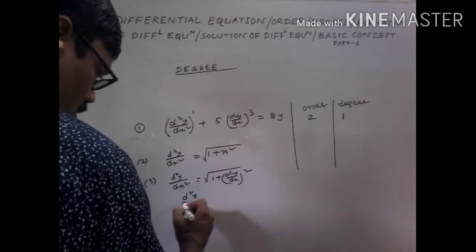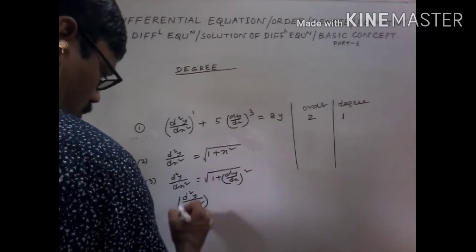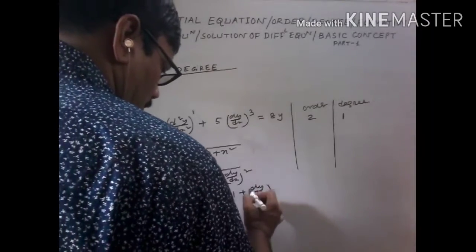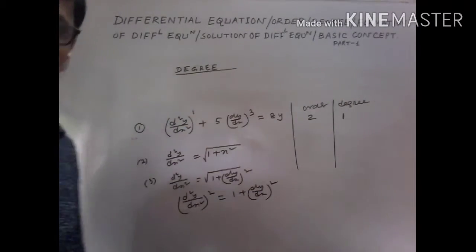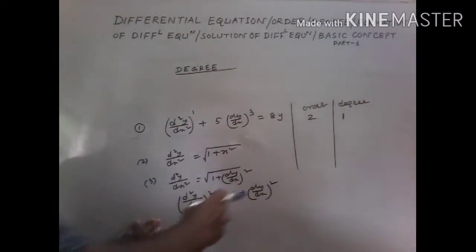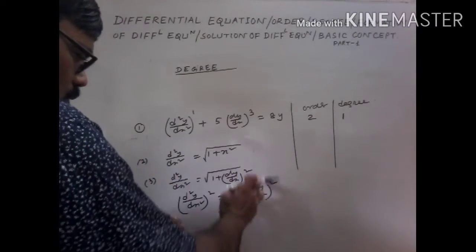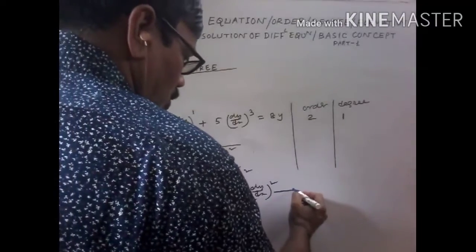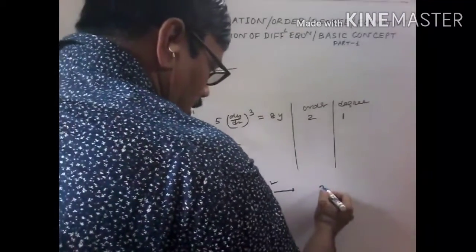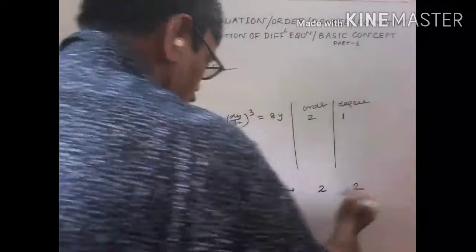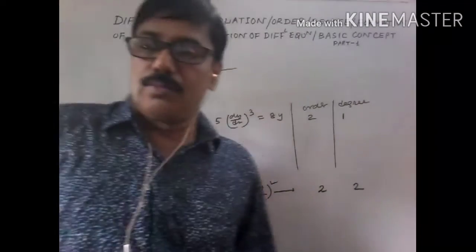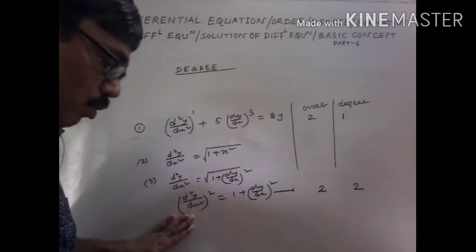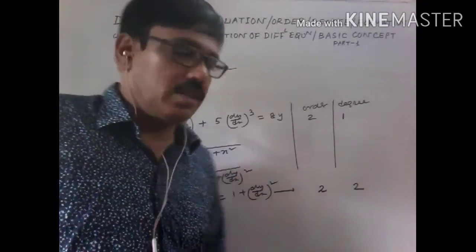So to remove it, you have to take the square on both sides: 1 plus dy dx whole square. Look, the derivative is now free from the root sign. So the maximum derivative is here. What is the order? Order is obviously 2, and degree is also 2. So it is the maximum power of the highest order derivative after removing radical parts.